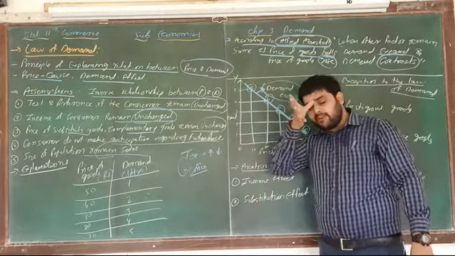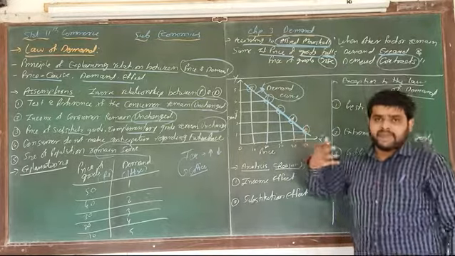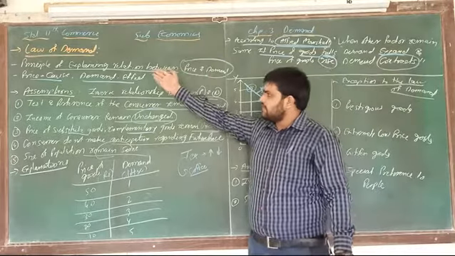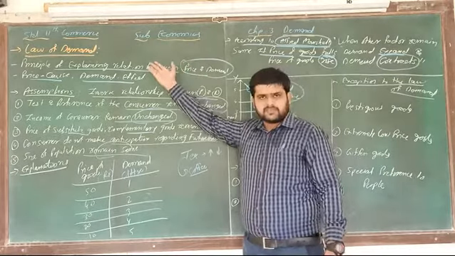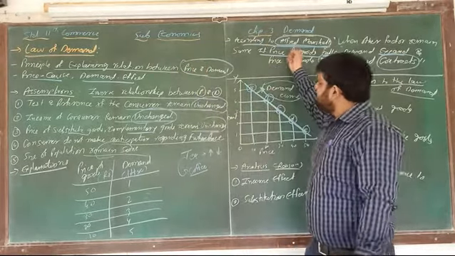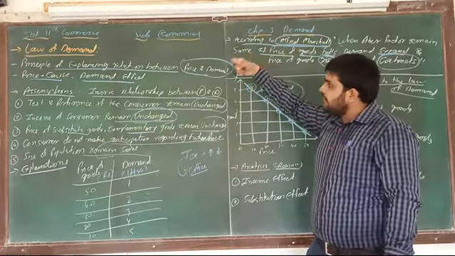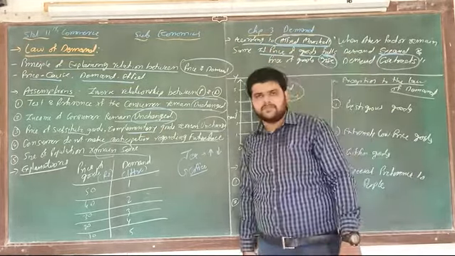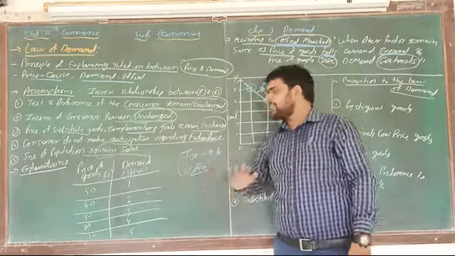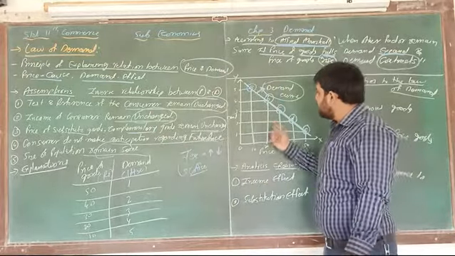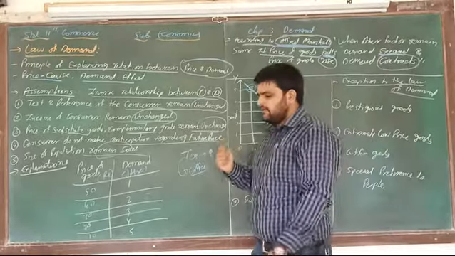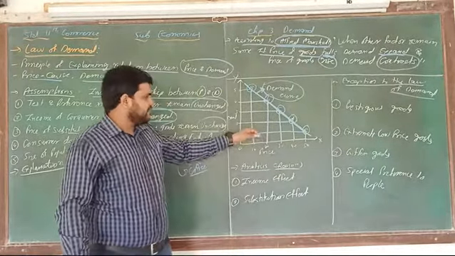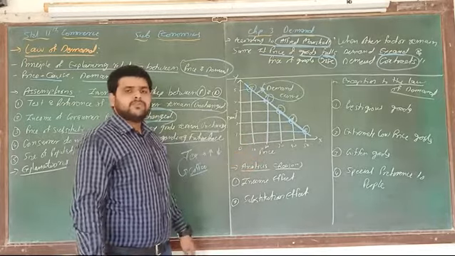So if the law of demand is asked, what do you have to write? You have to write five things. Number one, the relation between price and goods. Then the law of demand itself. In the third thing, you have to write the assumptions; there are five assumptions. In the fourth, the explanation. In the fifth, you have to show the particular values on the graph, and then you have to do the analysis.